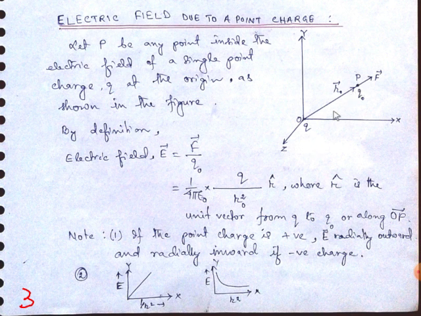Yes. So we know that electric field is defined as force per unit charge. Now you try to bring a test charge Q naught at this point of observation P, and then there will be a force of repulsion if these two charges are alike. If it is positive, then there will be repulsion, and we have to take it that this test charge is mobile.